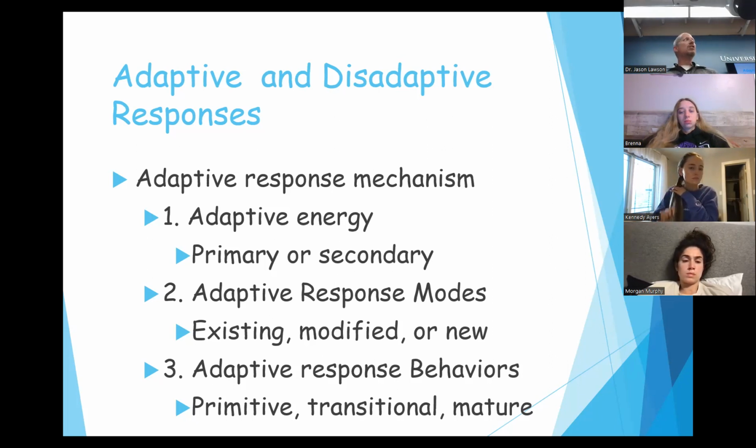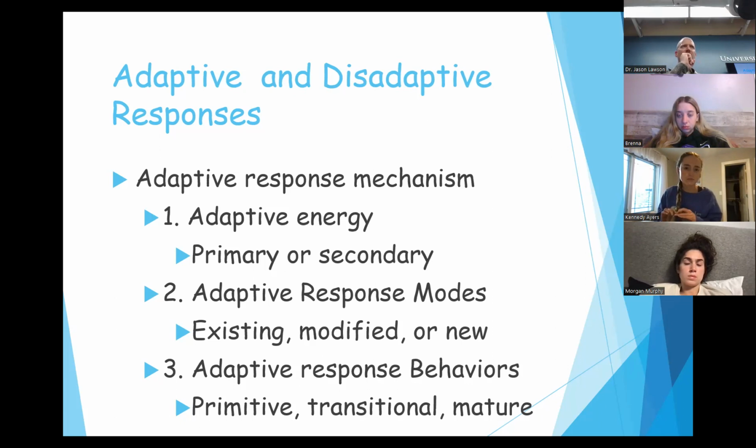Now, after they do that new response and it didn't work, maybe they get some feedback, right? And then maybe they use a modified adaptive response mode where they're like, you know what, this didn't work for me last time, stepping on my gas really hard. So this time I'm going to step on the gas really fast just for the start of the intersection.